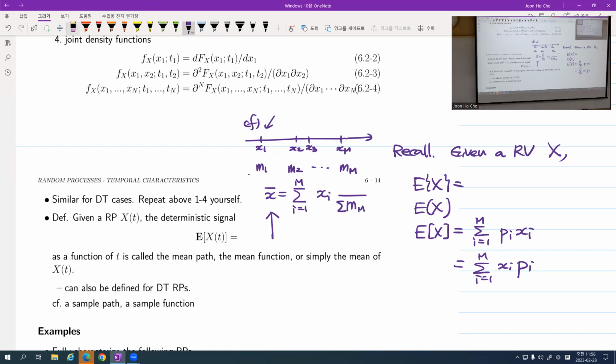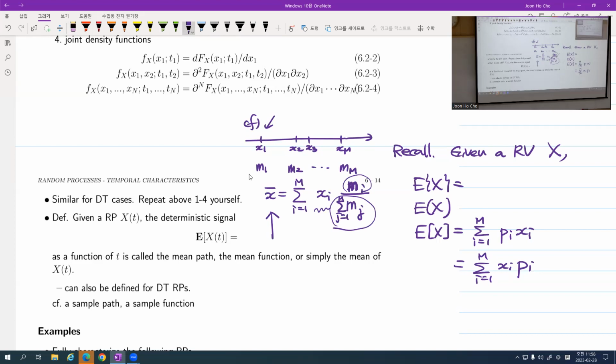But anyway, I should have used N, but anyway, it's already there. J from 1 to M, and M sub I. Got it? So this one is the total mass, and this one is the mass corresponding to this Xi.